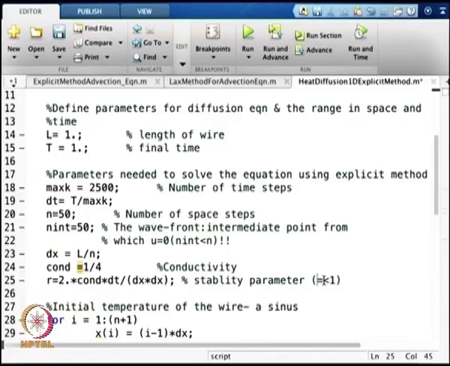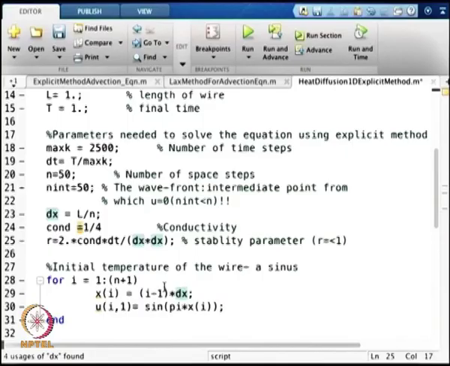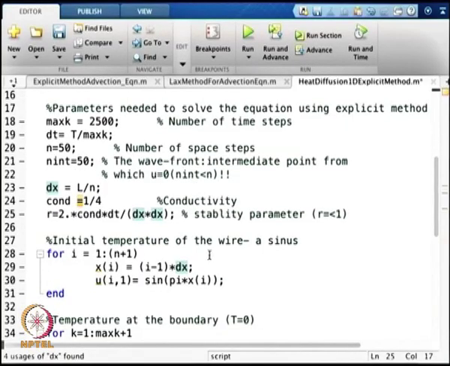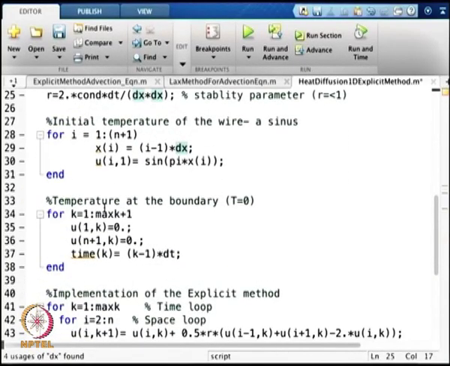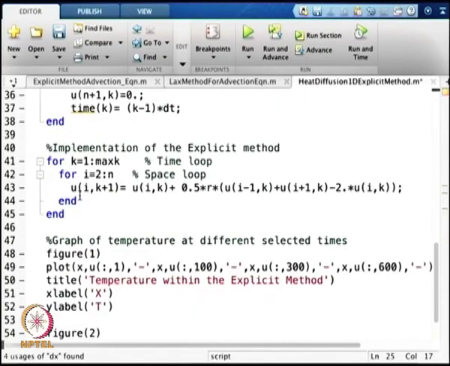The stability parameter which we have discussed in the slide before is going to be 2 times the constant d multiplied by delta t divided by dx square. So this is what we have here, and we are initializing the temperature in the wire, and we are putting the boundary conditions. We are going to implement it using the explicit method.